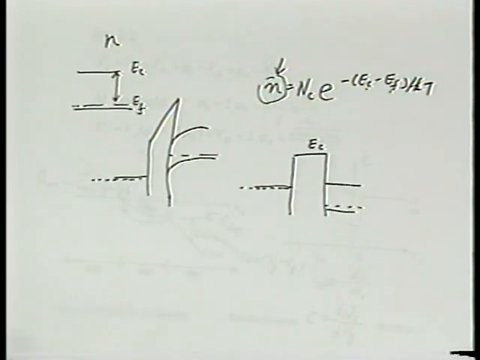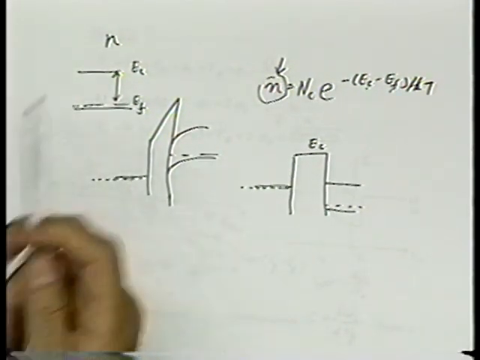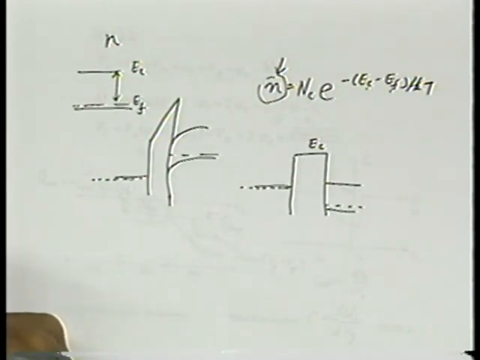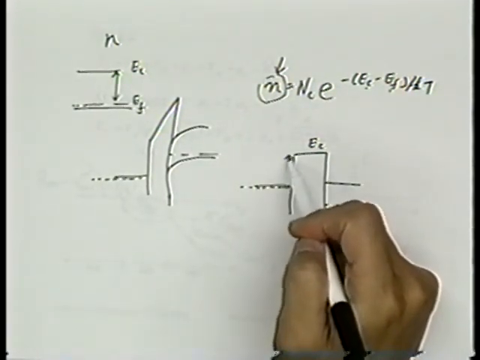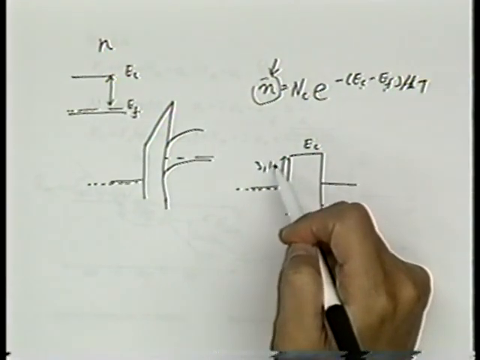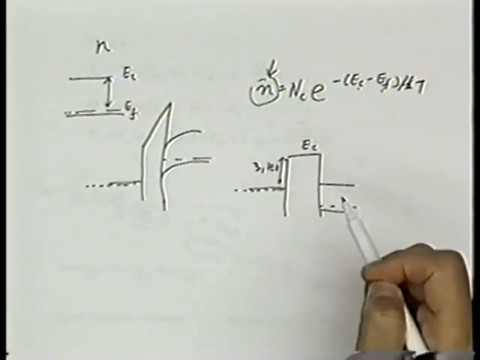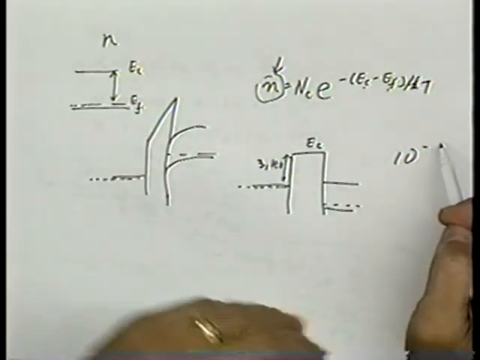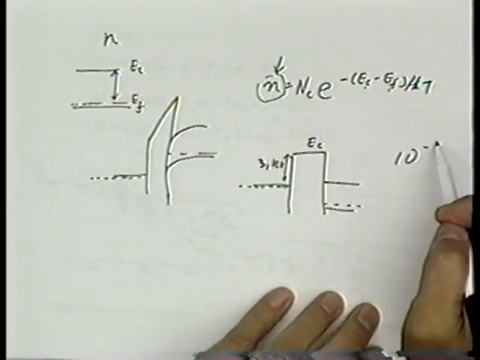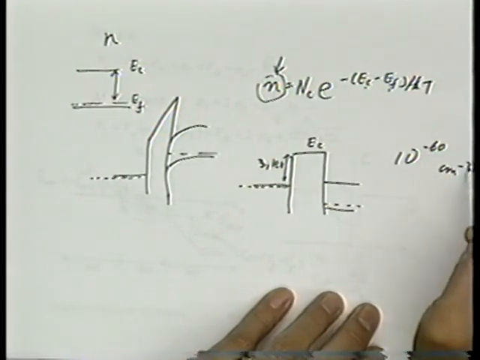Your answer probably will be maybe 100 per cubic centimeter, because the np product should be about 10 to the 20th. Absolutely right. So if the Fermi level is 3 eV below Ec, remember this barrier height is 3.1 eV, we're talking about something like 10 to the minus 50, 60 per cubic centimeter.